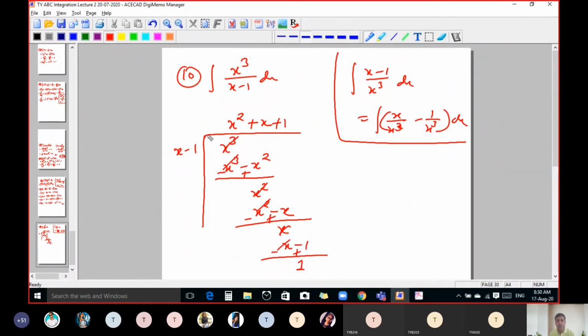So instead of this x cube, now you have to write this into this plus this.